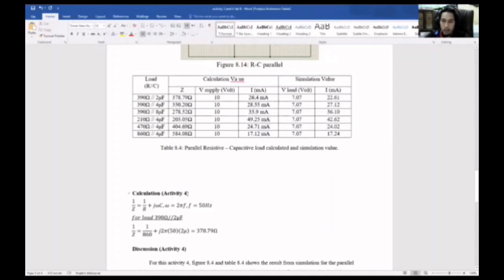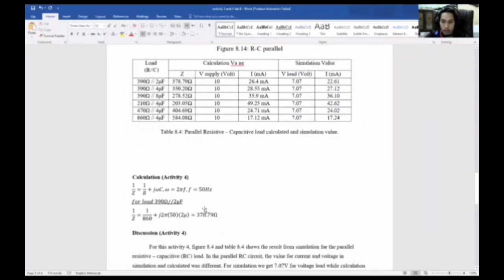So for the calculation, we can use the formula I = V over Z, where Z equals 1 over (1/R plus jwC). Why do we use this formula? Because we need to find the value for Z. So we use this formula, where W is 2 pi F, and F is 50 hertz.